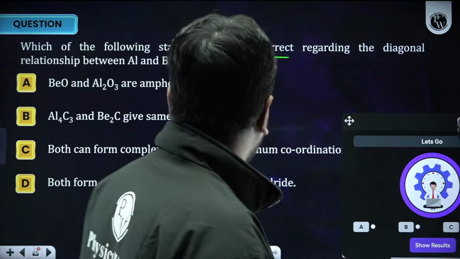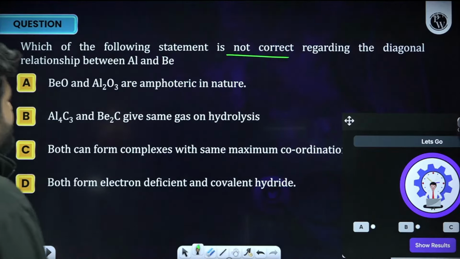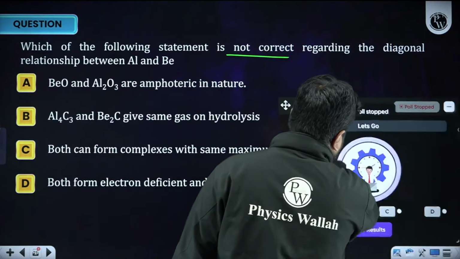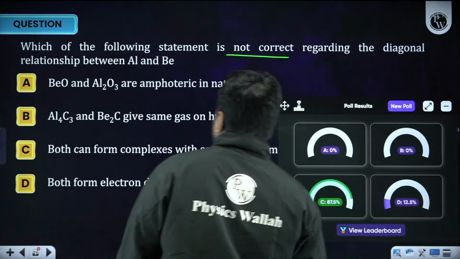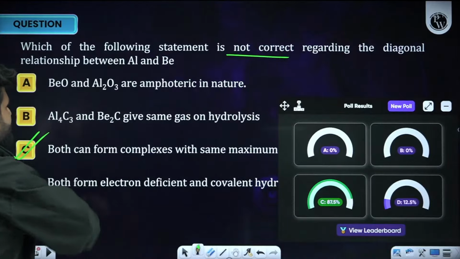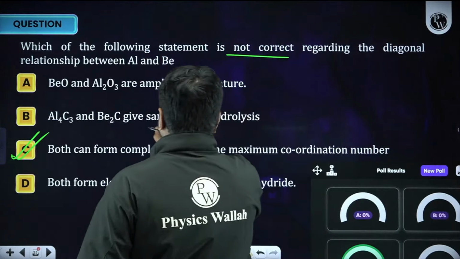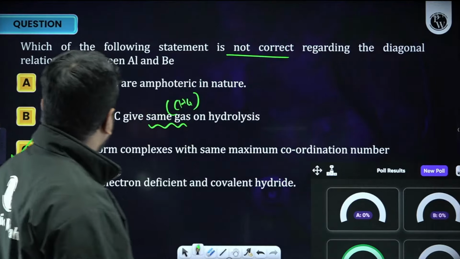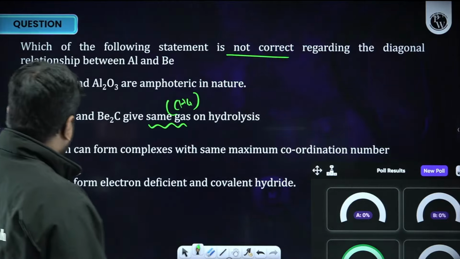What is the correct answer? Both can form complexes with same maximum coordination. So option C is incorrect. Aluminium and beryllium will give which carbide? Same gas, which gas will it give? Methane gas. Yes, so option C is the correct answer.